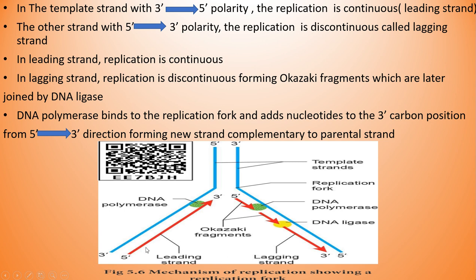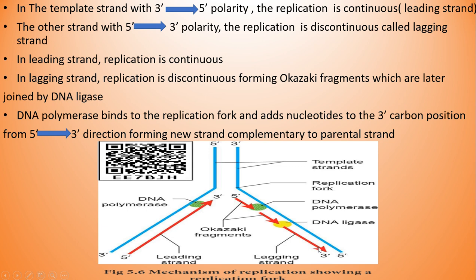Why is the leading strand called the continuous strand? Because in the leading strand, the replication occurs continuously. This happens when the template strand has 3' to 5' polarity. On it, the replication is continuous and the new leading strand is formed.